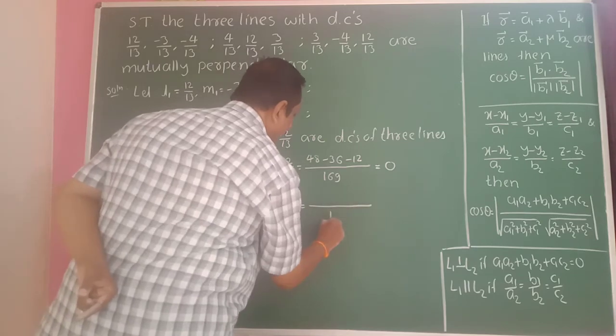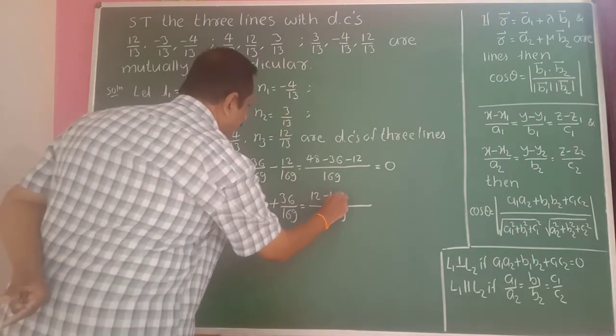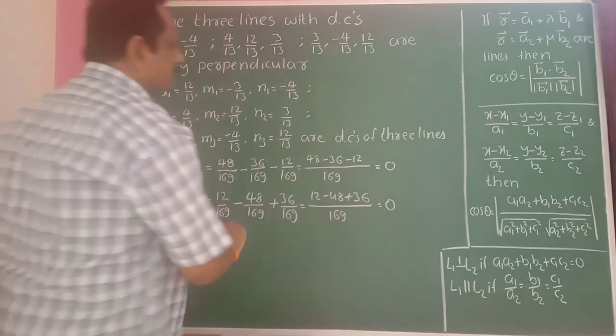So 169 LCM here. Therefore 12 minus 48 plus 36 here. Again this becomes 0.